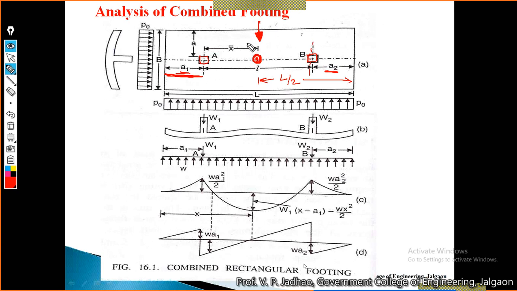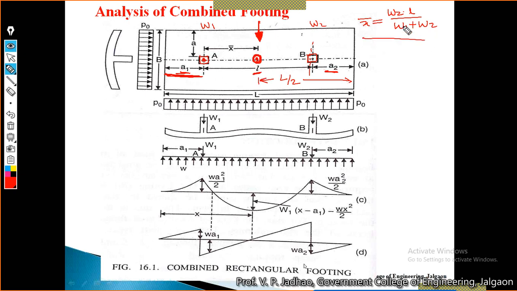Now, if we want to calculate this X bar, we'll take the summation of moment of all the forces about the center of column A. Then we will get an equation: X bar is equal to W2 into small l divided by W1 plus W2, where W1 is the load on column A and W2 is the load on column B, whereas small l is the distance between these two columns.